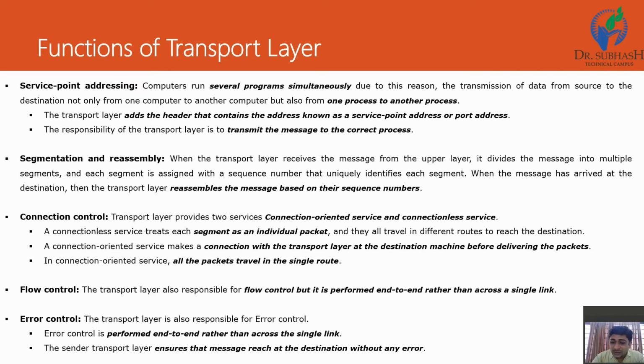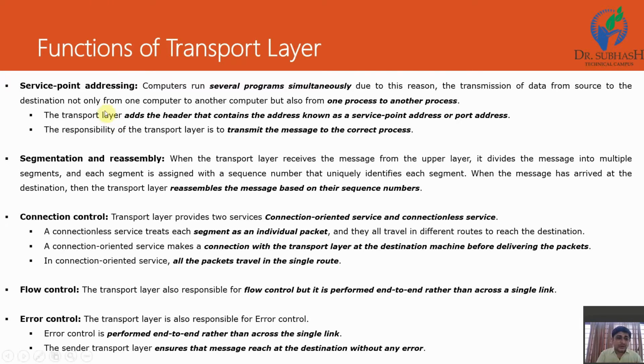Process B capitalizes the entered value. So in service point addressing, there is one process to get input from the user. The transport layer will add header information: where is the actual address of the process to get input from the user, and where is the address of the process to capitalize.